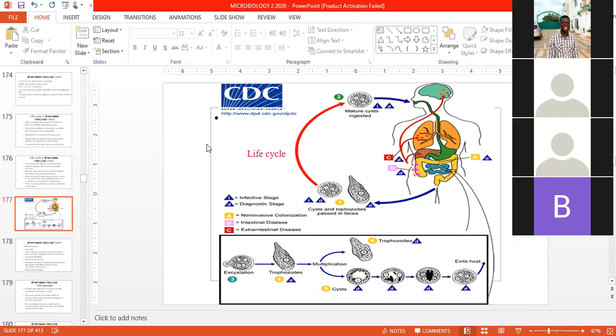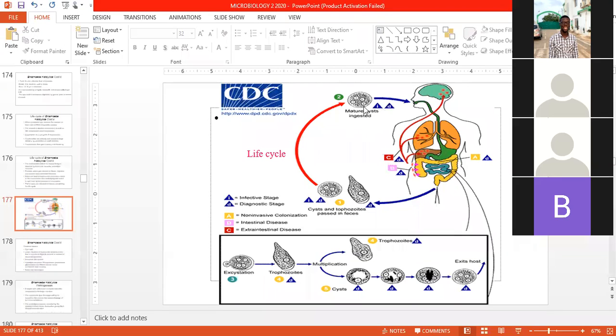The cyst has trophozoites. The cyst is in the food or in water. It simply means someone's feces is in the food or water that you have taken in.